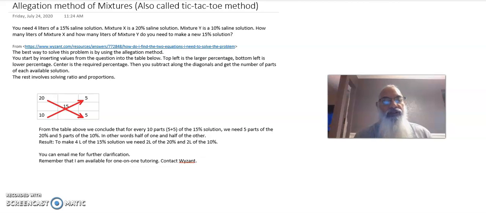However, to make that solution, what's available is a 20% solution and a 10% solution. So we need to know how much of each will have to be mixed for us to be able to make 4 liters of the mixture that has that specific concentration. Like I said, the best way to do this is to use the allegation method, and I'm going to try and explain what that method involves.